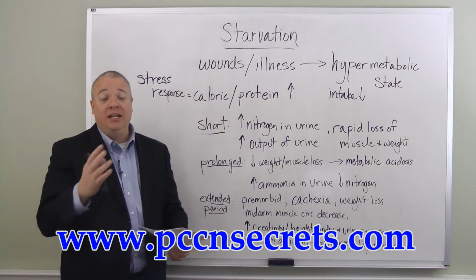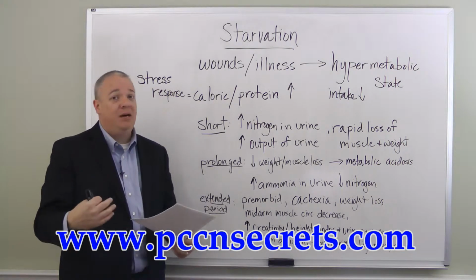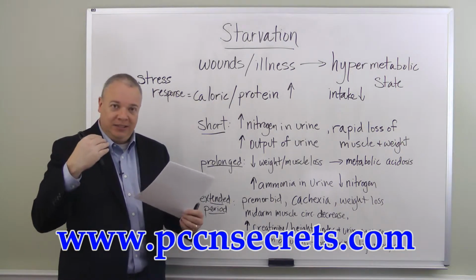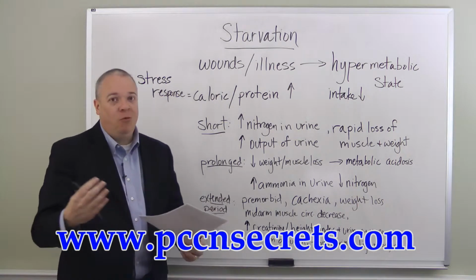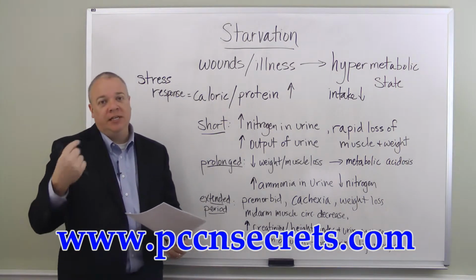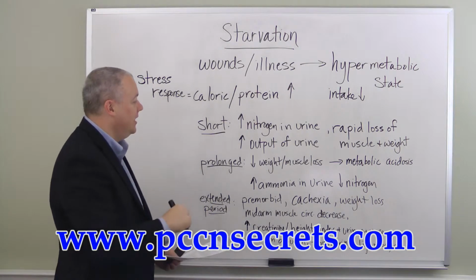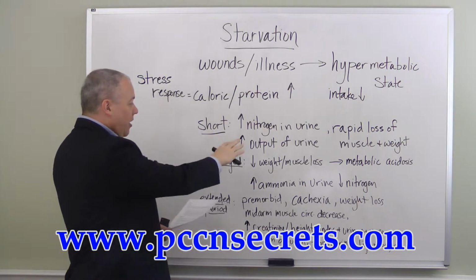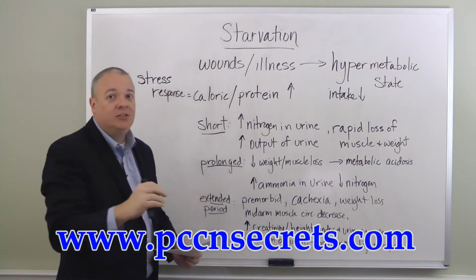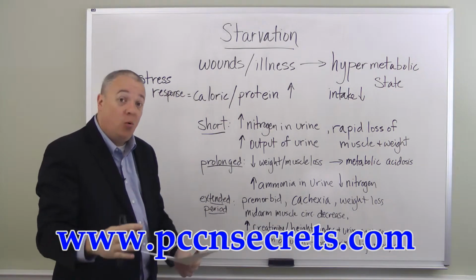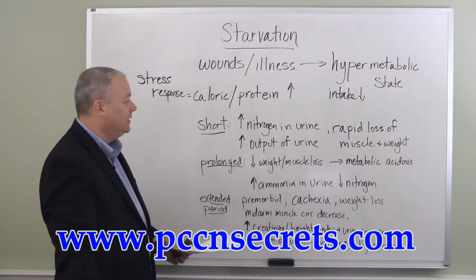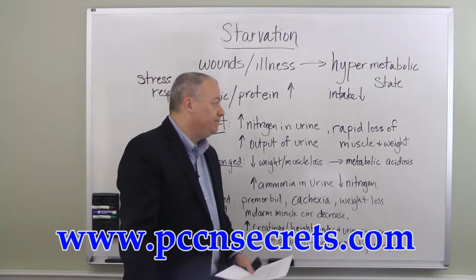If it's not corrected and there is a prolonged period where once again the body is still under stress, it is in this hypermetabolic state wanting an increase in calories, an increase in protein, and that is not met, then what you start getting, after it's been going on for a while, is the weight loss and the muscle loss actually goes down. It doesn't happen quite as rapidly in this prolonged state, and you get metabolic acidosis.